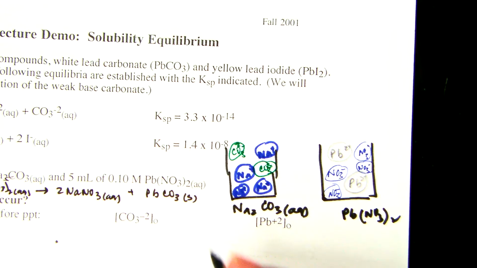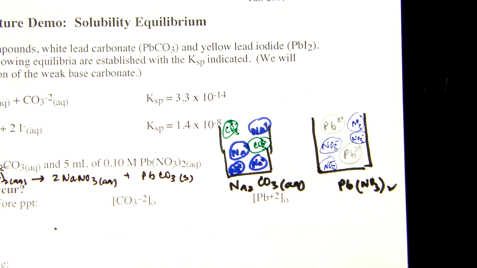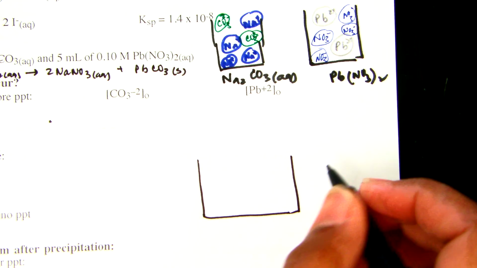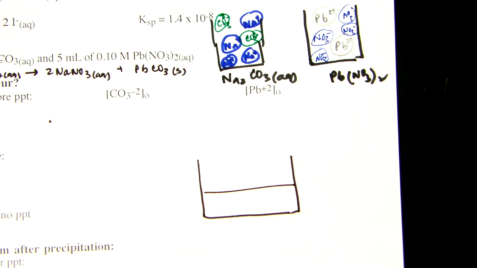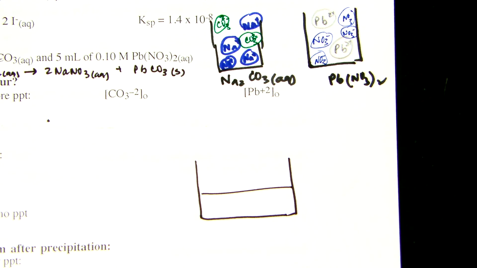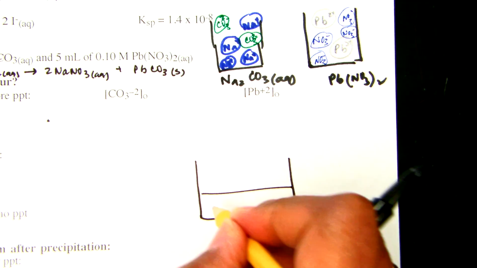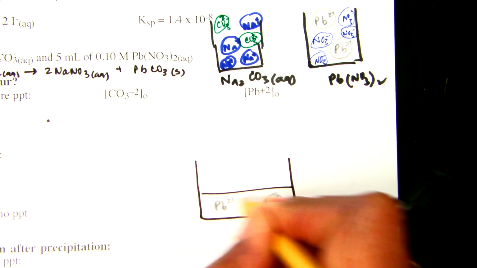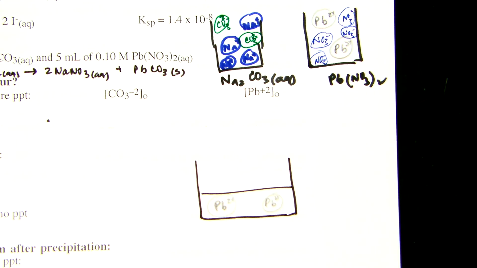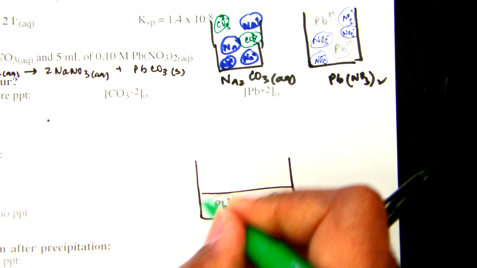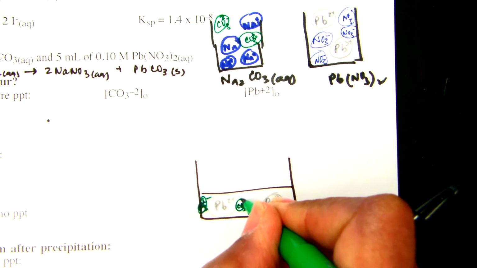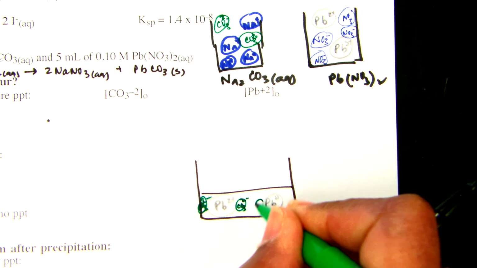So now we will have PbCO3 at the bottom. So you can either write Pb2 plus and then 2 CO3s next to it, or just PbCO3.